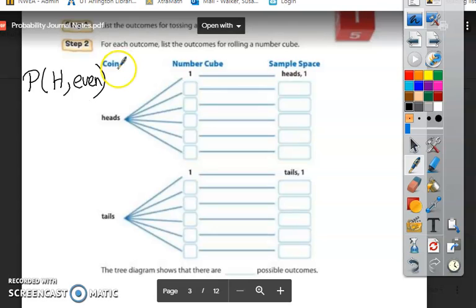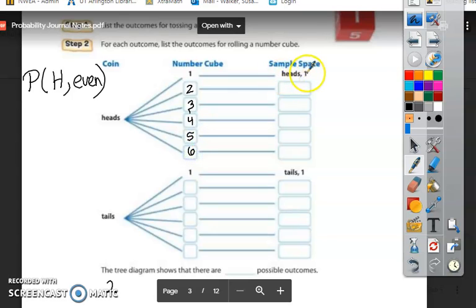So notice they started with a coin, okay? We can get a heads or a tails, so that's 2 possible outcomes. Now this is where I want you to listen. If I flip a heads, then I roll the number cube, I can get a 1 or a 2 or a 3 or a 4 or a 5 or a 6.